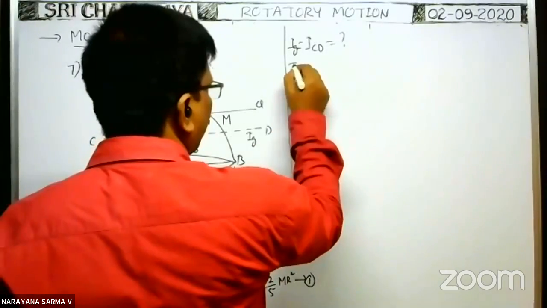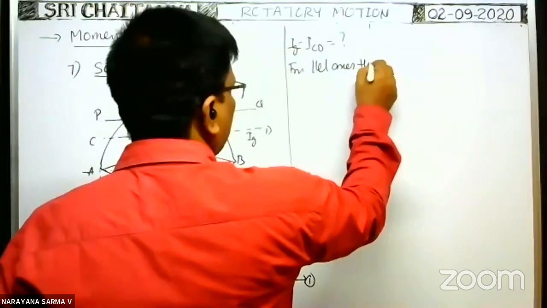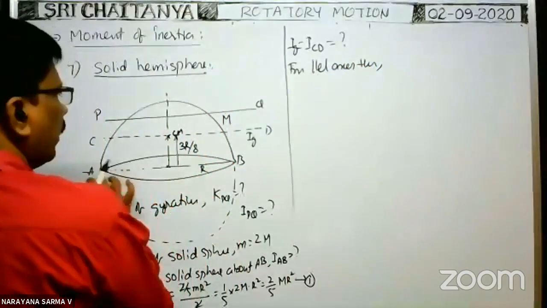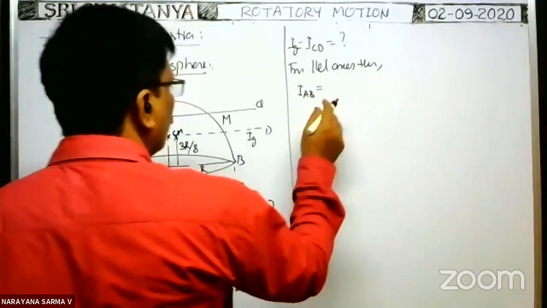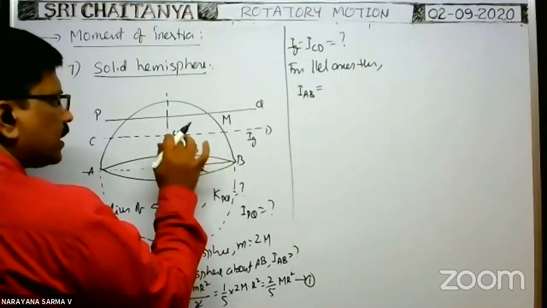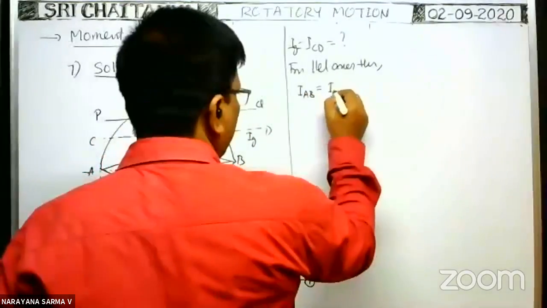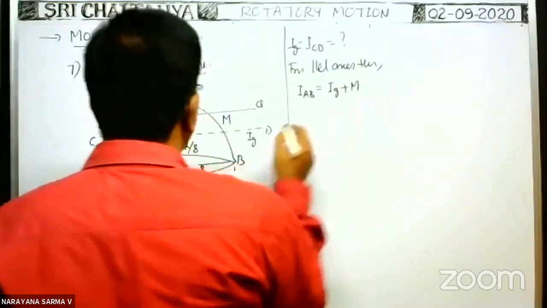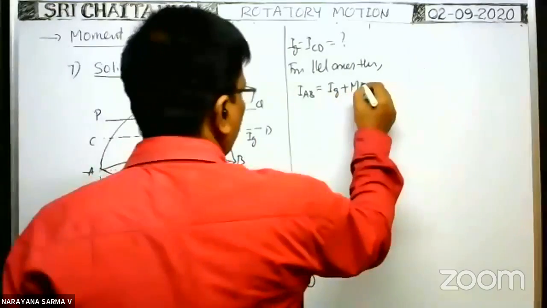According to the parallel axis theorem, the moment of inertia about AB, that means IAB, is equal to the moment of inertia about an axis parallel to this axis passing through the center of mass, this axis only, plus M into the perpendicular distance between the two parallel axes squared, y square.